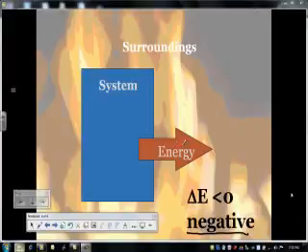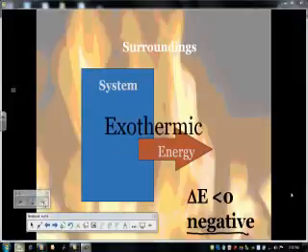That's what we mean by negative, not as in it's a sad thing, but as in the value is negative. We call this exothermic.